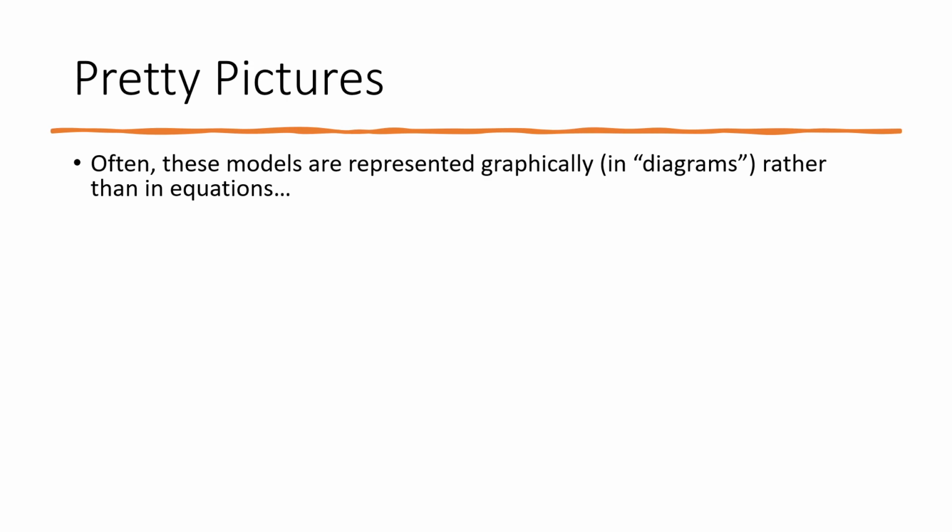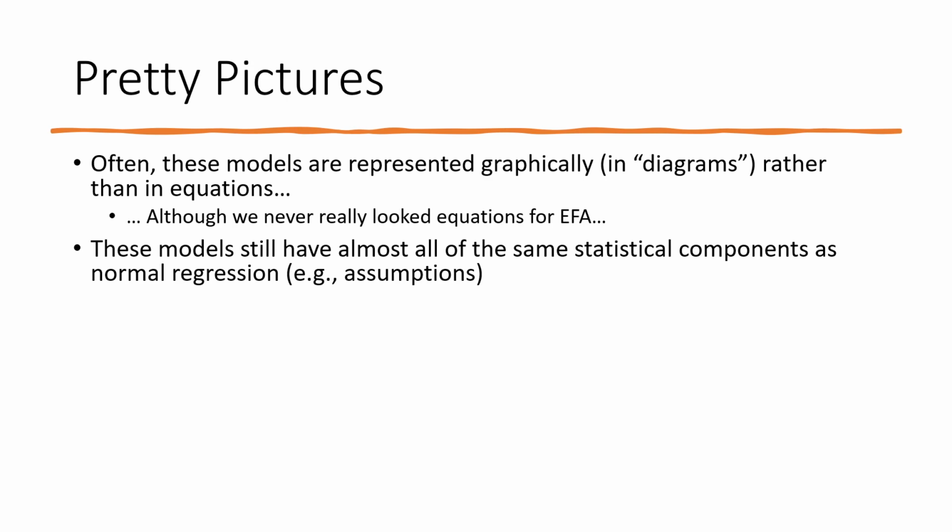And that's what you type into the computer to run the model, is drawn relationships. So we do graphical representations in place of equations. There's no y equals beta 0 that we're going to talk about. Of course, we never really looked at that in terms of EFA either, but it is useful to know that is what we're doing in CFA and SEM typically.